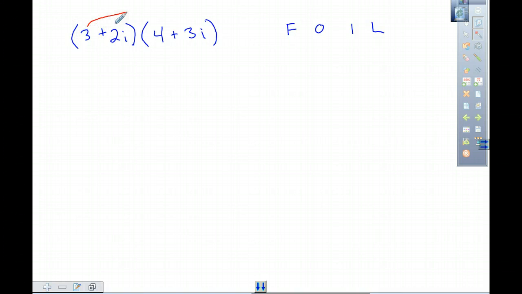So, first, 3 times 4 is 12. Outside, 3 times 3i is 9i. Inside, 2i times 4 is 8i.